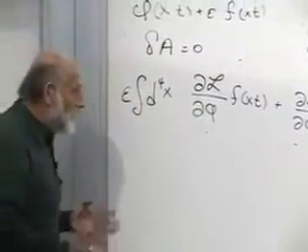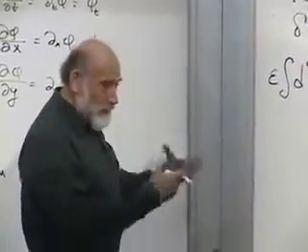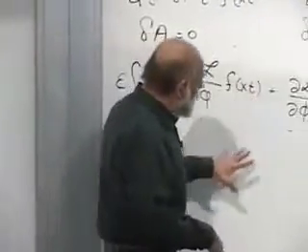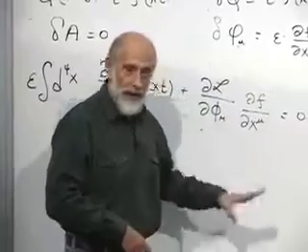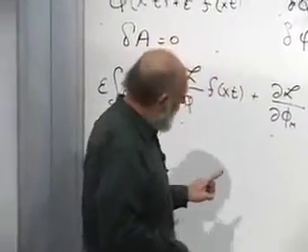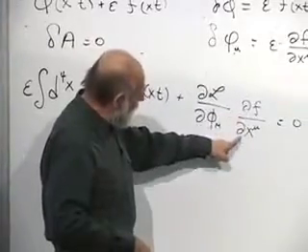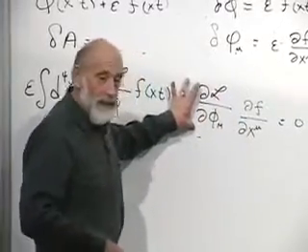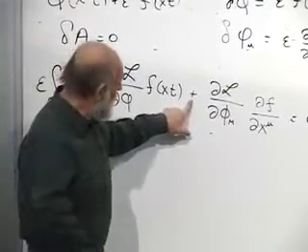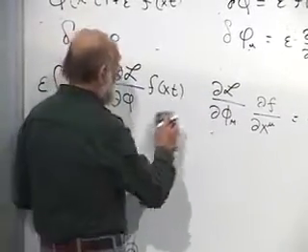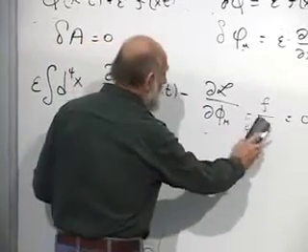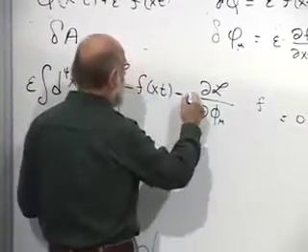The rule for integrating by parts, I'm not going to work it out for you, but the rule for multiple dimensional integrals is exactly the same as the rule for single integrals. You're allowed to take the derivative off here and put it on here at the expense of a sign change. So this is the same thing as minus, and now the derivative with respect to x goes here.